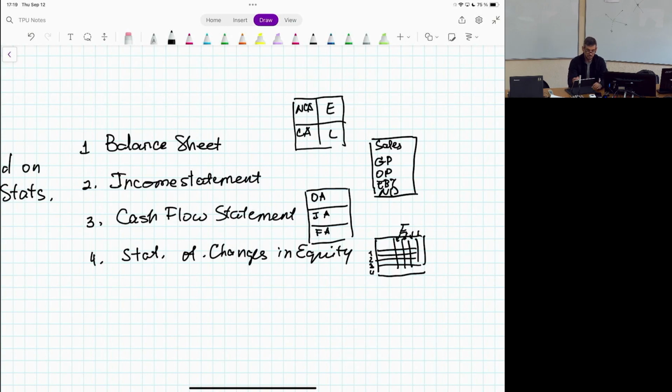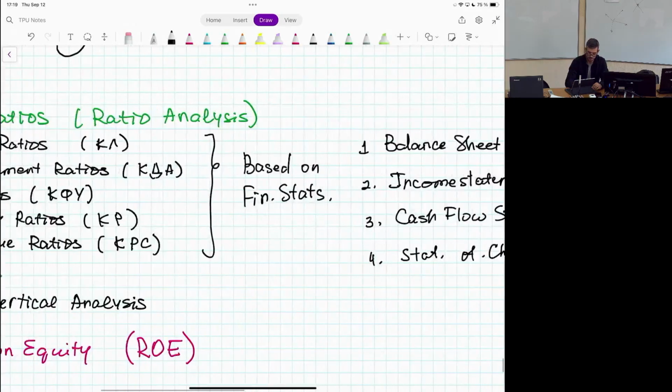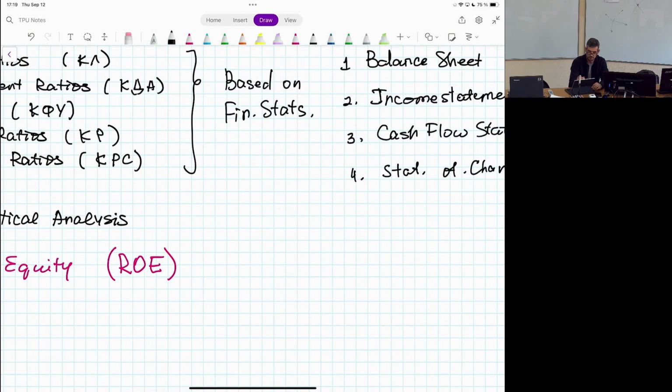So technically, whenever you need to calculate a ratio, you need to ask yourself a question. So for example, return on equity. You picture a question in your head.